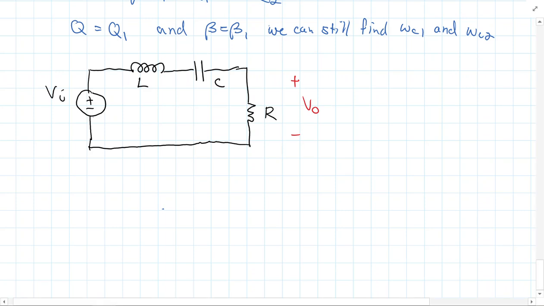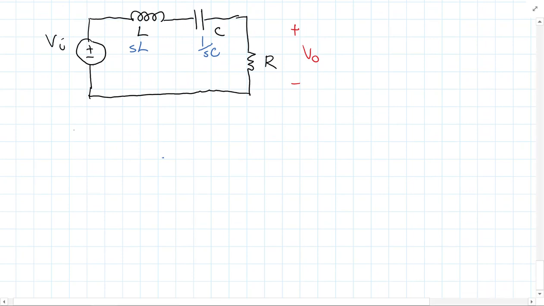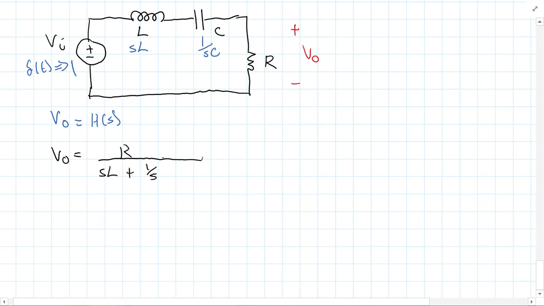First off, we would go to the Laplace domain and get L times S, and then 1 over S times C. This is just a series circuit, so we'd also let the input be delta of t, which goes to 1 in the Laplace transform, because that gets me that my output voltage is just equal to my transfer function. And so V out would simply be R over S times L plus 1 over S times C plus R, and of course times 1.